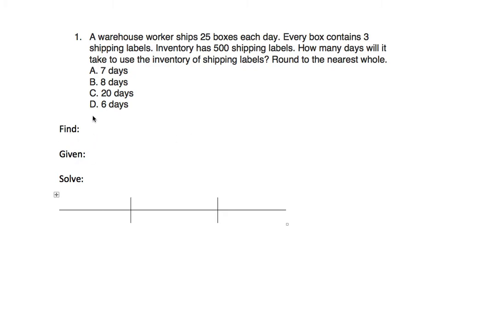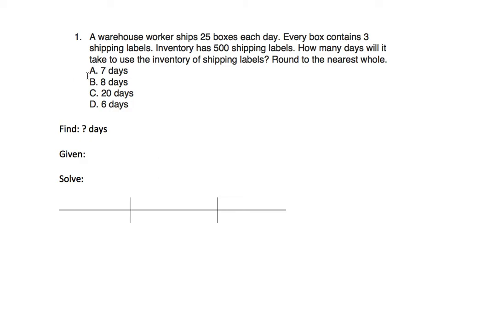Okay, so first we want to figure out what we're trying to find. We look for the question in here, and it says how many days. So we're trying to find some number of days. And in a lot of cases, because most of these are going to be multiple choice questions, the answers are also going to be a giveaway of what you're trying to find.